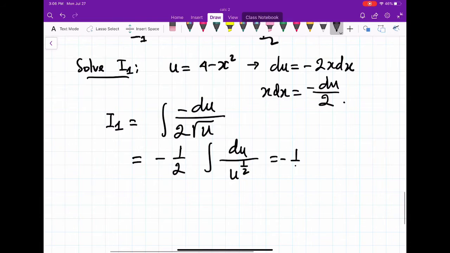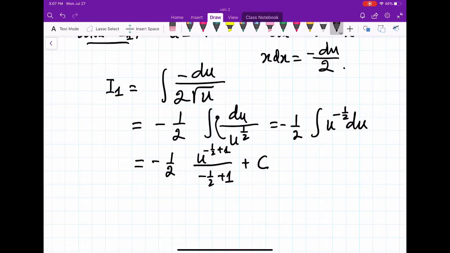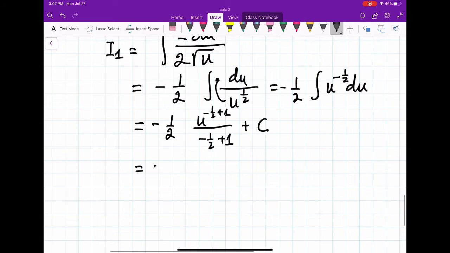So I have negative 1/2 in here, and I use u to the negative 1/2 du, right? I just bring this to the top because I want to use the power rule. I have negative 1/2. The power rule says u to negative 1/2 plus 1 over negative 1/2 plus 1 plus constant. Okay, so we have negative 1/2 u to the 1/2, and here I have 1/2 plus c.